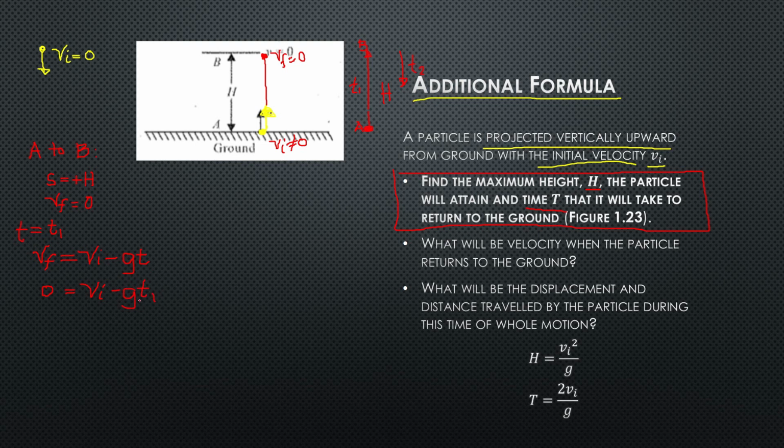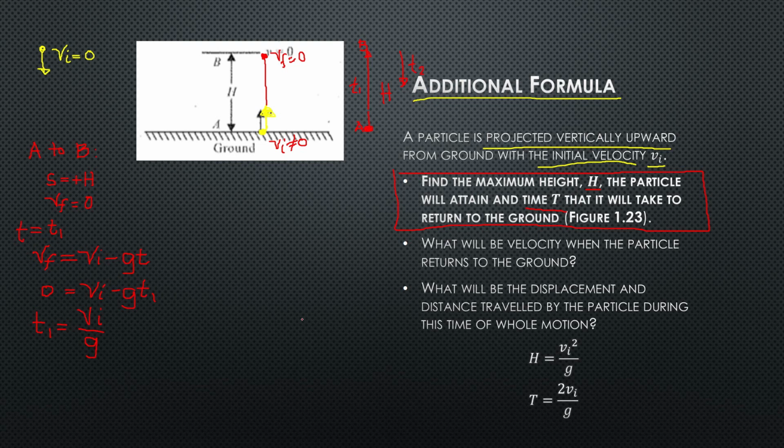Now solving for t1, we could say that the time of ascent will be equal to initial velocity all over acceleration due to gravity.